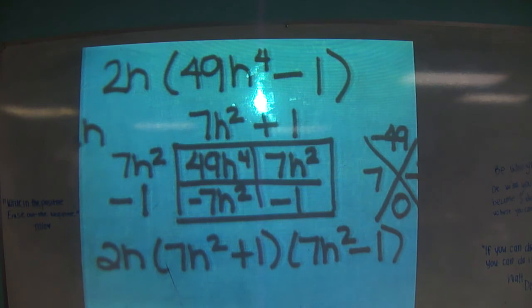I knew it would wind up as 7h squared plus 1 and 7h squared minus 1. Because that's just the way it always turns out. If you have a perfect square minus a perfect square, it always turns out as a plus and a minus of the square roots of each. It's a special factor.